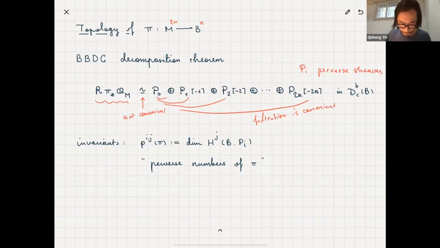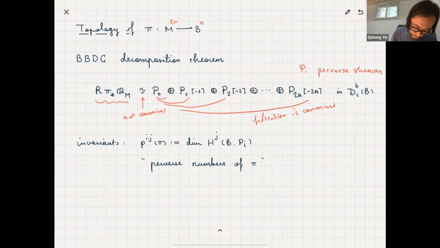So this is the decomposition theorem, and from this theorem you just recover all these perverse sheaves. Then immediately you can consider some discrete, numerical invariants, which is just: you take the cohomology of these perverse sheaves and consider the dimension of the cohomology groups.